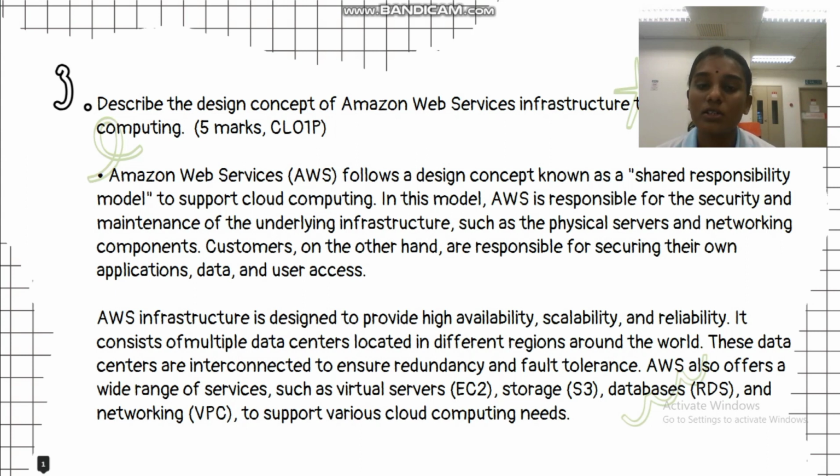AWS also offers a wide range of services such as virtual servers like EC2, storage, that is S3, database, that is RDS, and networking like VPC to support various cloud computing needs.